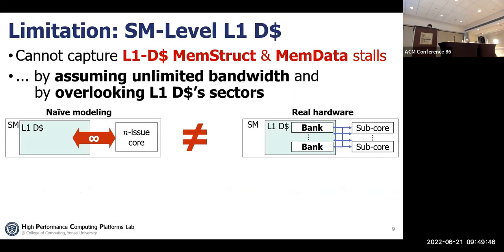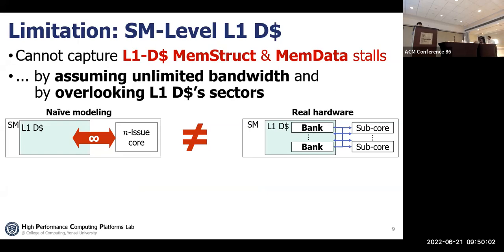Second, at the SM level, each multi-bank L1 data cache is now shared between multiple subcores. The L1 data cache may induce memory structural stalls, and this contradicts the assumption of MDM that the L1 data cache has infinite hit bandwidth.